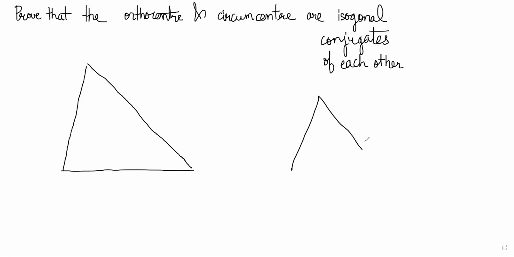Basically, if you have a triangle like this, and one point and another point are isogonal conjugates, that means if I join it like this and like this, this angle is equal to this angle.